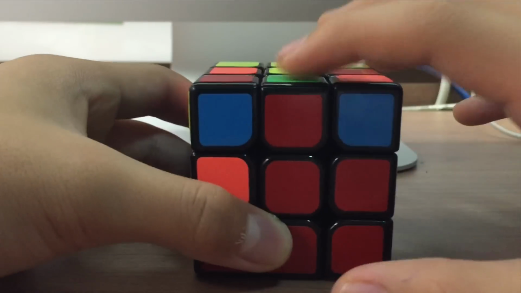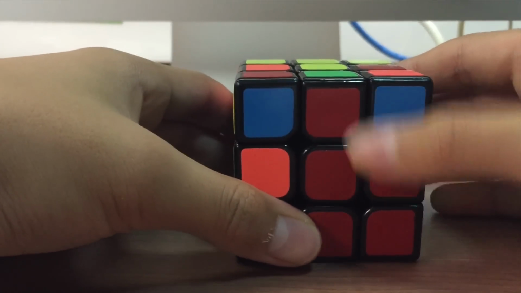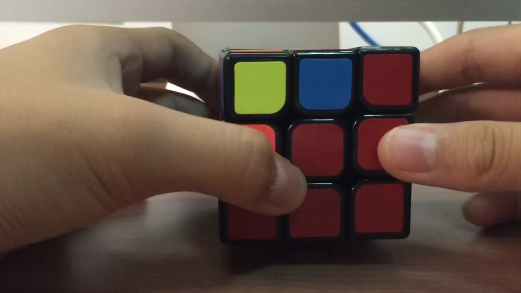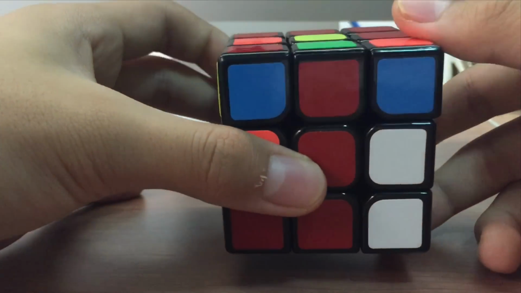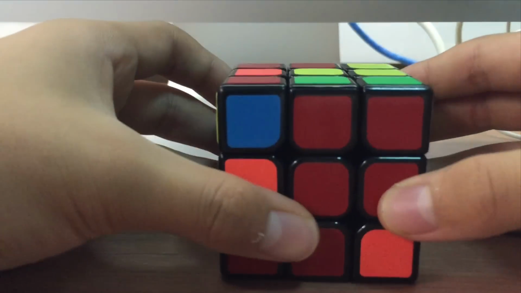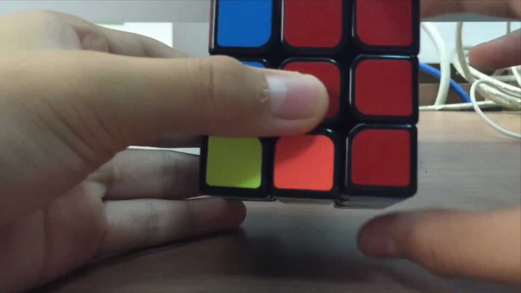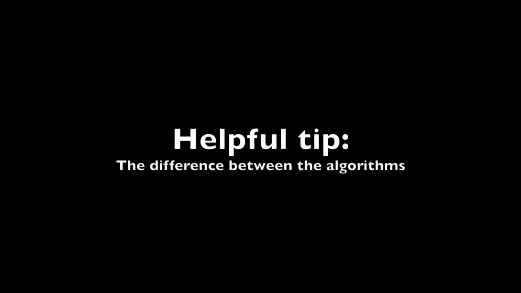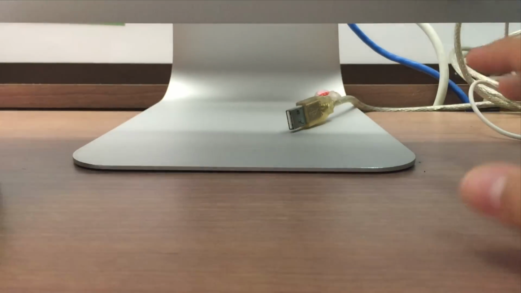the QB is green. The algorithm you need to perform this time to move it to the right is U, R, U prime, R prime, U prime, F prime, U, F. I want you to notice the difference between these two algorithms.